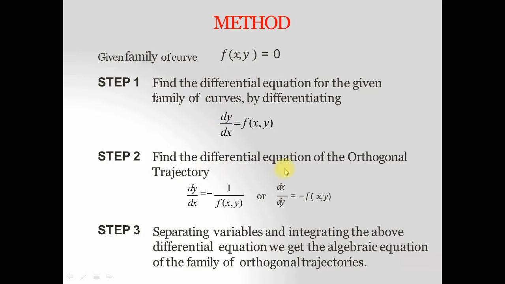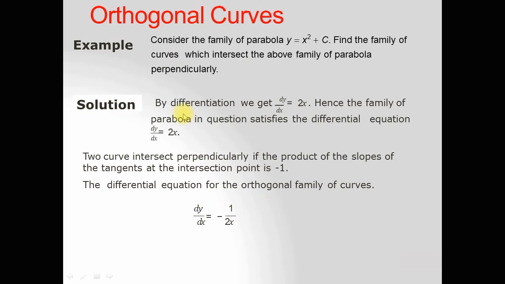Then find the slope of the tangents of the orthogonal trajectories. When two tangents are perpendicular, their slopes are negative reciprocals. This equation you see here is the differential equation of the first given family of curves.